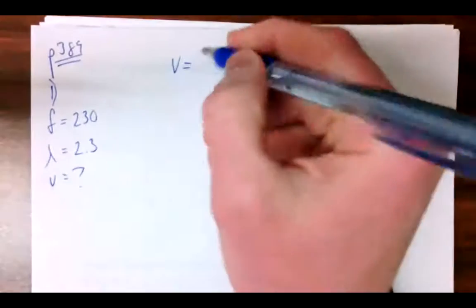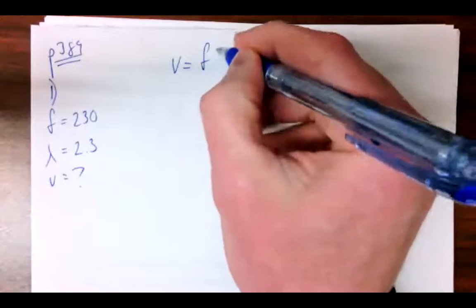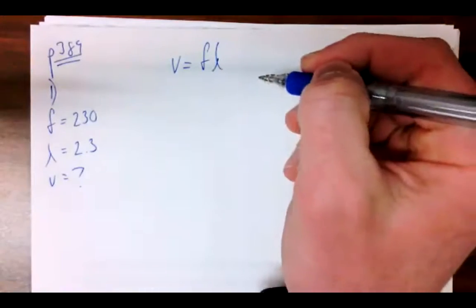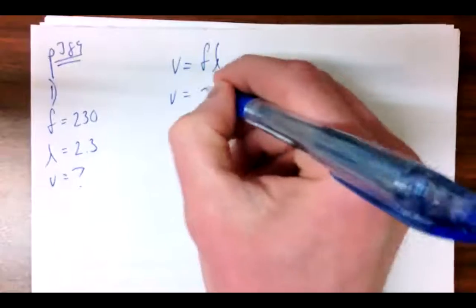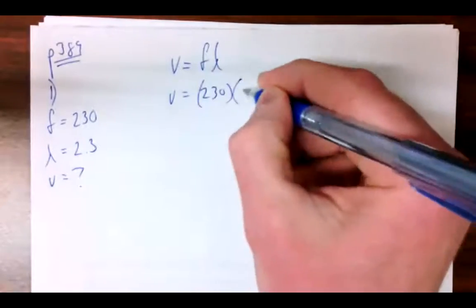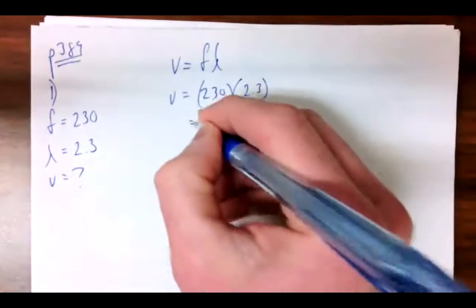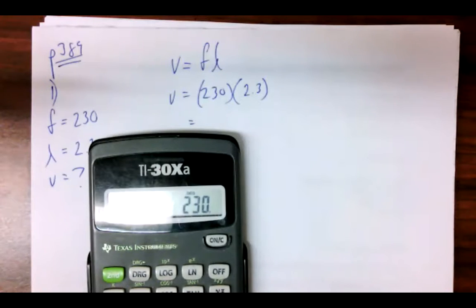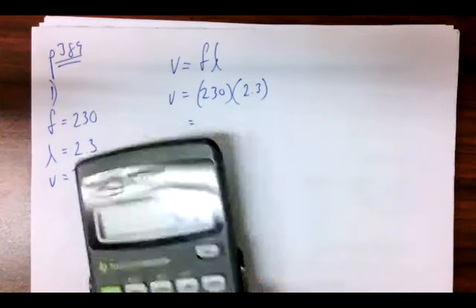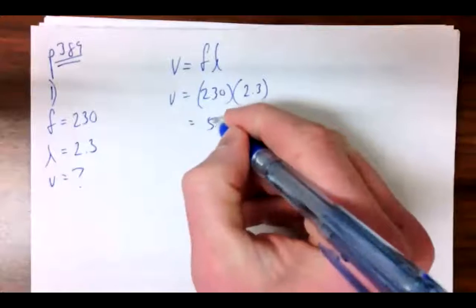Well, the equation is wave speed equals frequency times wavelength. So we're just plugging numbers in. 230 times 2.3 is 529.